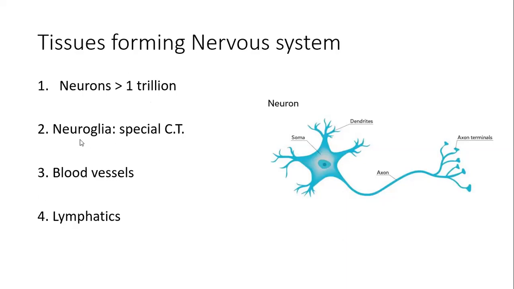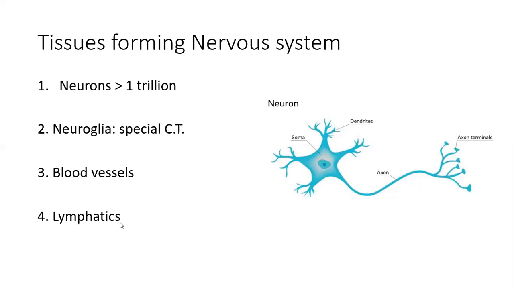What about neuroglia? These neurons are supported and present within a special type of connective tissue. This special type of connective tissue is labeled neuroglia. Next, we have blood vessels. The nervous system is richly supplied by blood vessels. And then last but not the least, we have lymphatics.